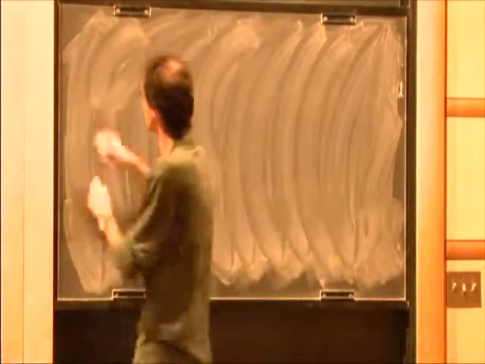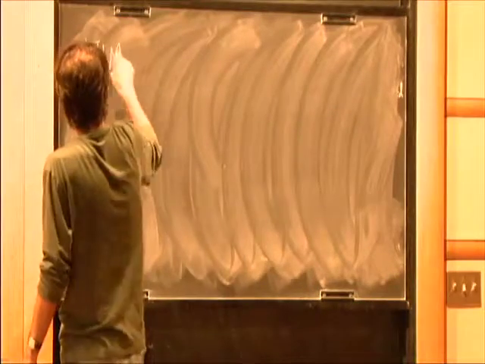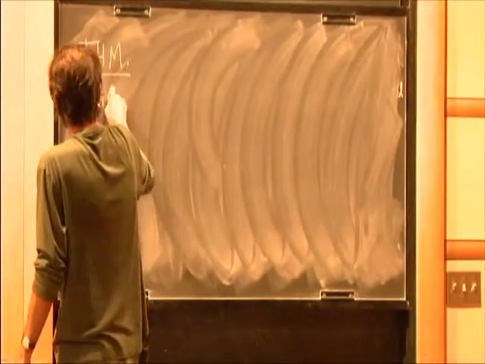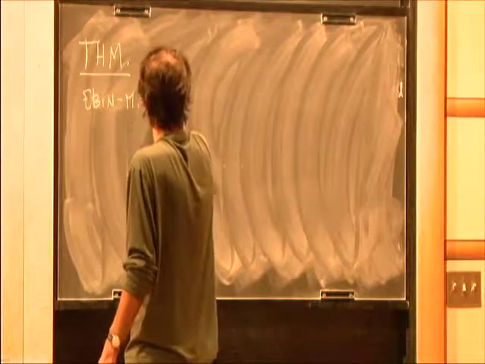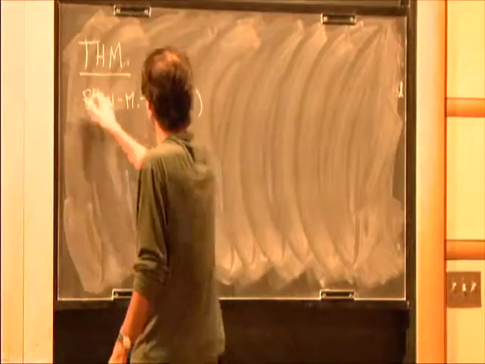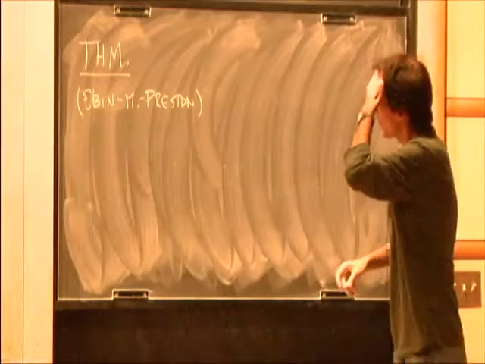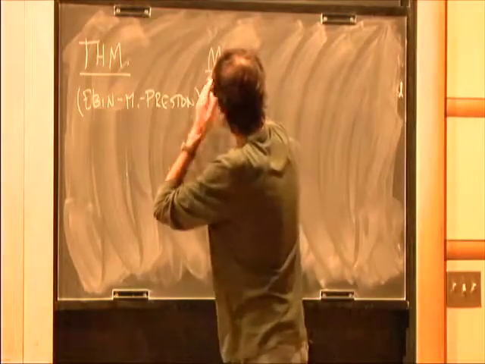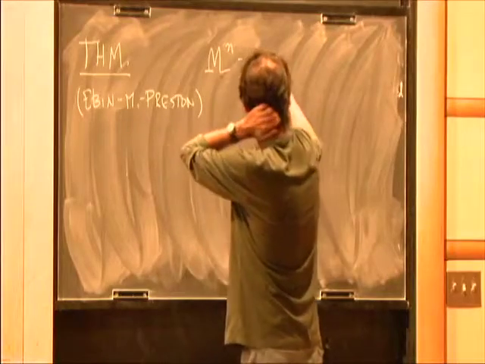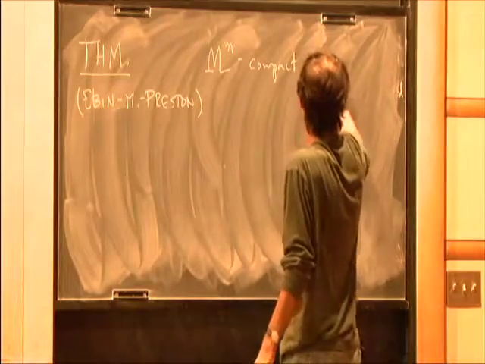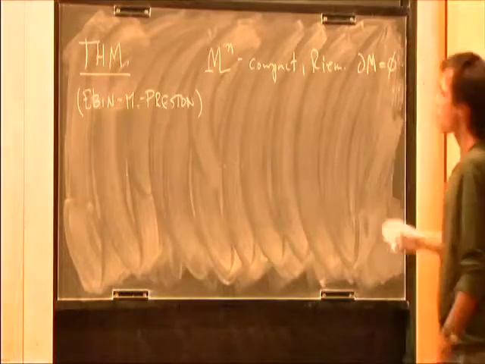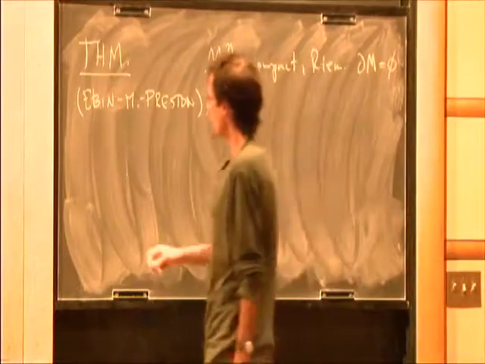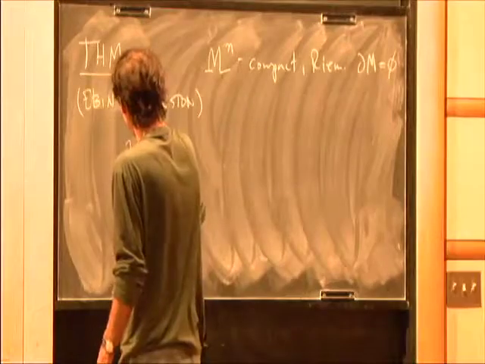More precisely, this is the theorem which I proved together with David Ebin and Steve Preston. I can formulate it as follows. Suppose Mn is compact Riemannian, without boundary. A boundary gives me problems. Then there are two statements here.